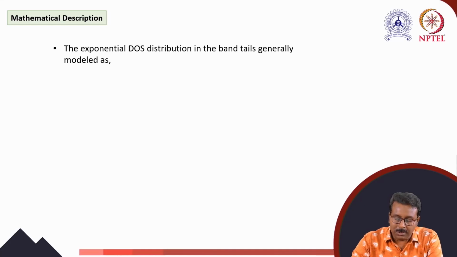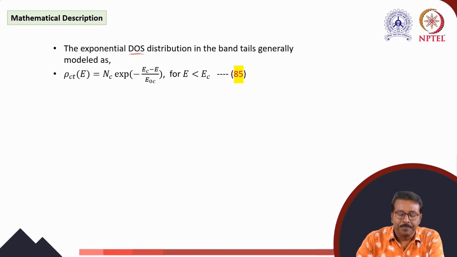So how does it look? The exponential density of states distribution in the band tail energy is modeled as rho Ct. Rho stands for density of states, C is conduction band, and T stands for tail states. The rho Ct is the tail state density of states below the conduction band. That will be Nc, the effective density of states in the conduction band, times exponential of minus Ec minus E by E0C, for E less than Ec.